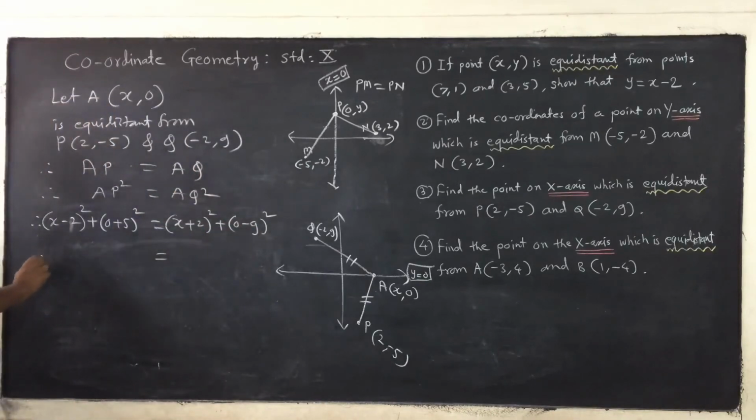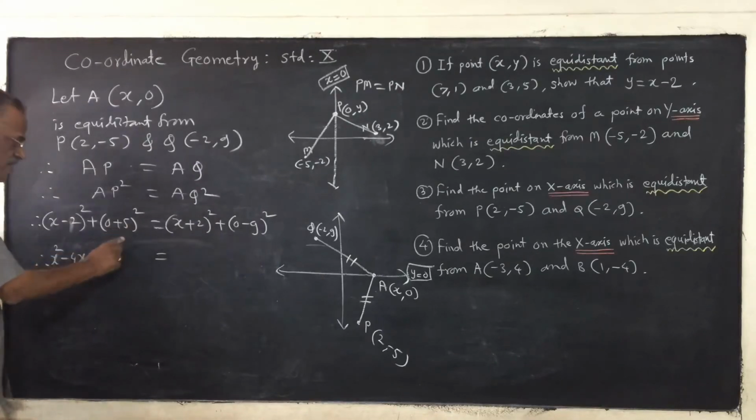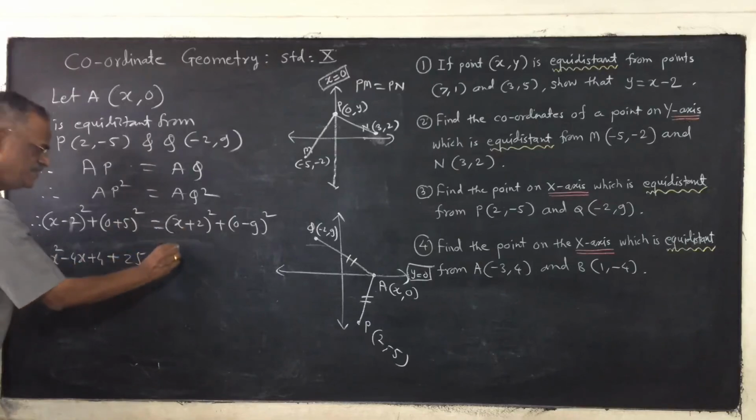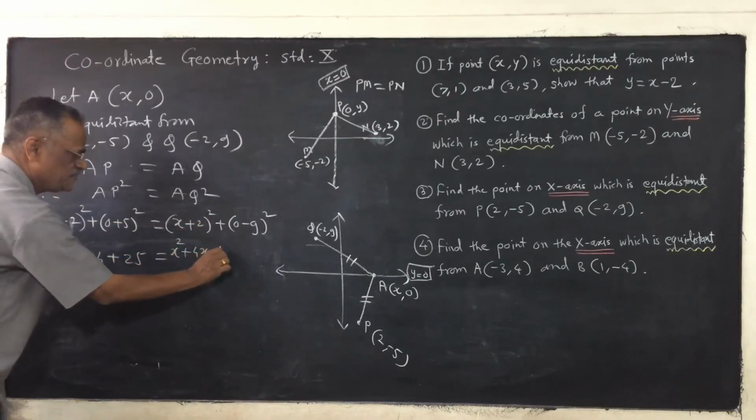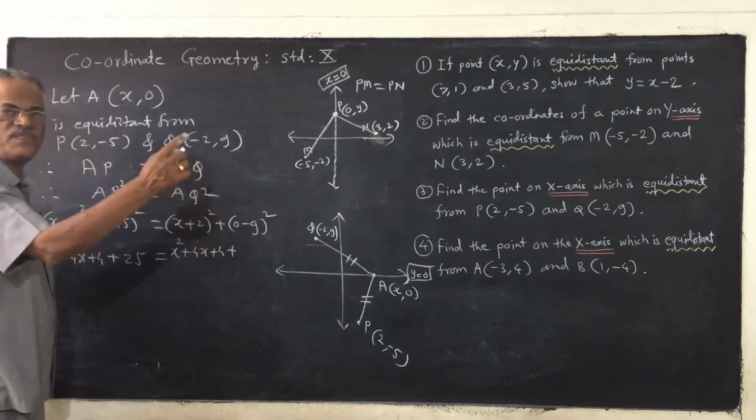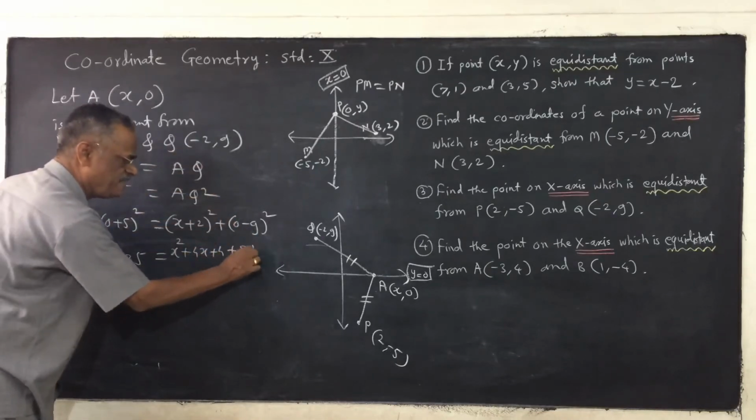So we have to solve the equation further. This is the identity x square minus 4x plus 4. The square of 5 is 25. The square of the bracket, x square plus 4x plus 4, and the square of minus 9 is 81.